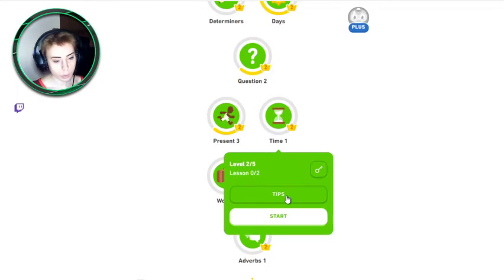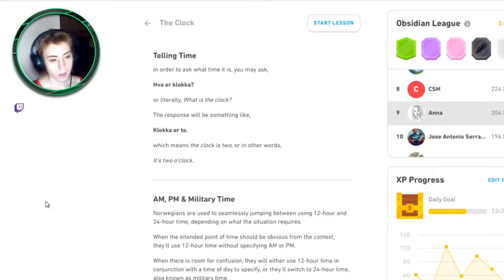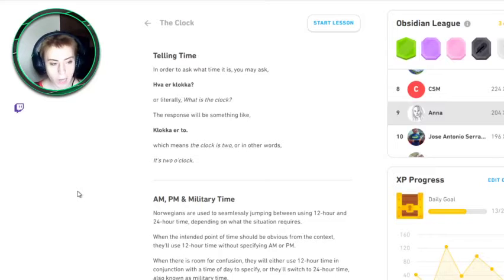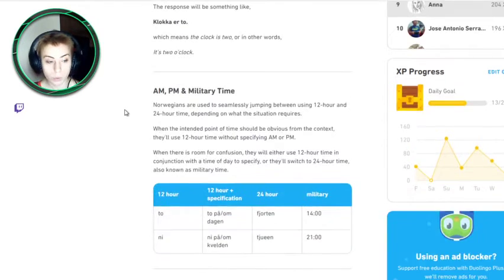Move on to time. This is all just review, telling time. Vad är klockan literally means what is the clock, but that's how you ask someone what the time is. And the answer is going to be klocka to the time is to. So the A at the end of klocka is the suffix the time to.